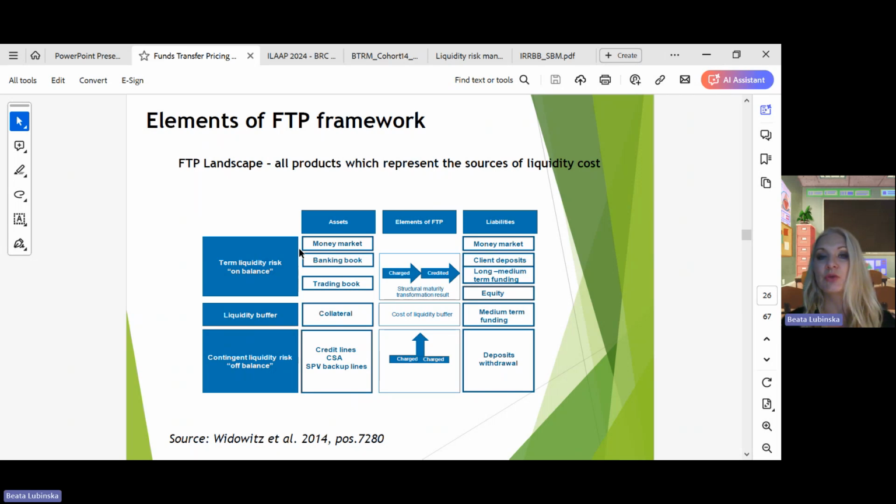Similarly, products which are driving the need for the liquid asset buffer, so some portion of HQLA which has to cover this particular product. For example, we are talking about NMDs, non-maturing deposits. We are talking about commitments, credit lines, liquidity lines.